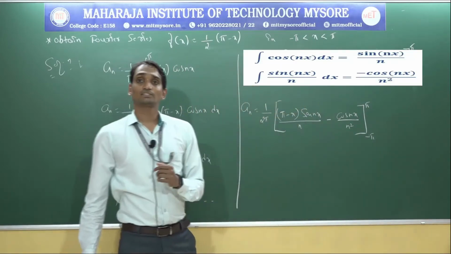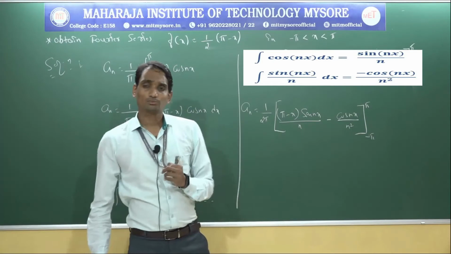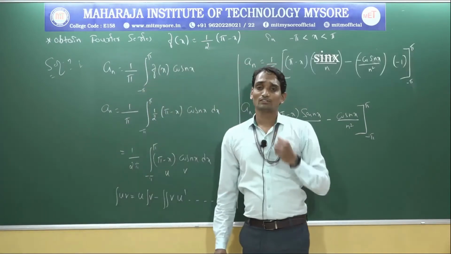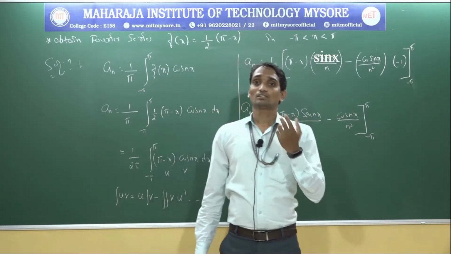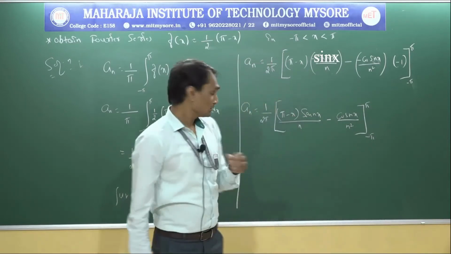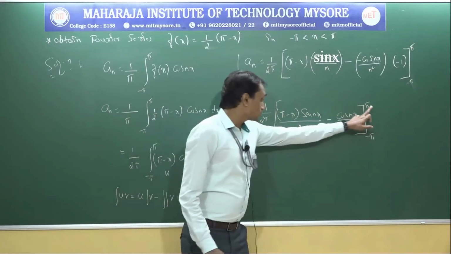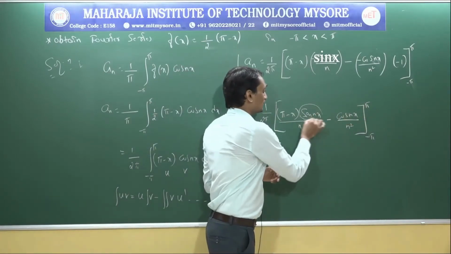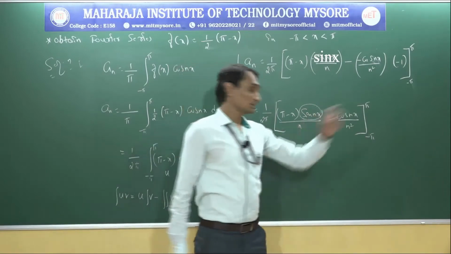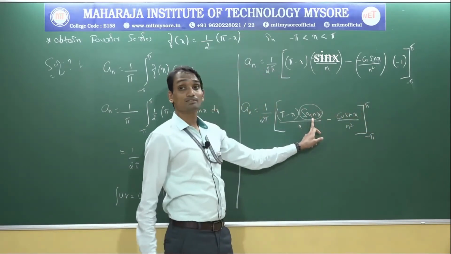Now I will substitute the integral limits. Before substituting, we have values: sin n pi is 0, sin 0 is 0. Considering only the trigonometric value, if I substitute here, this becomes sin n pi.